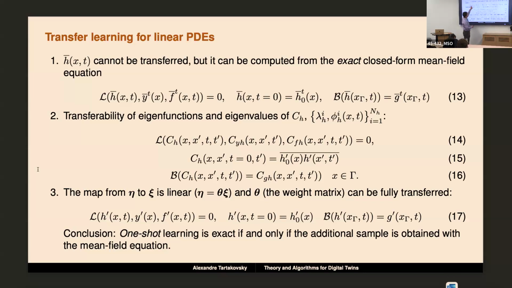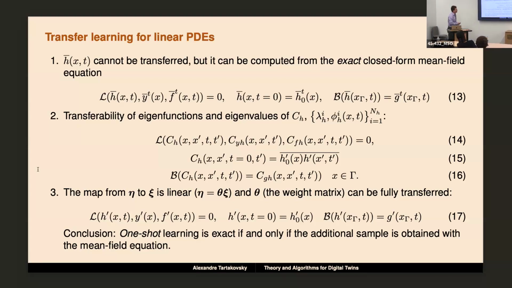However, it can be easily computed from a deterministic PDE, and this is exactly the same model that is used to generate the training data set. So essentially, to compute this mean, we just have to get one sample under target conditions, but this sample should be obtained as the solution of the mean field equation, where the control variables y, f, h0, and g are replaced with the mean values.